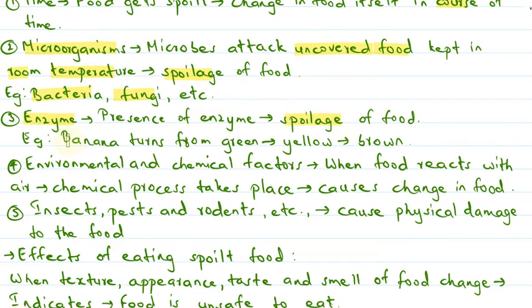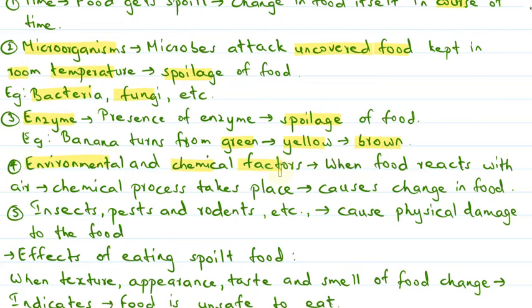For example, in banana we have seen that the banana fruit turns from green to yellow to brown. Not just the color changes but also the taste, texture, etc. of the banana, and this spoilage happens due to enzymatic activity. Then the next factor was environmental and chemical factors.